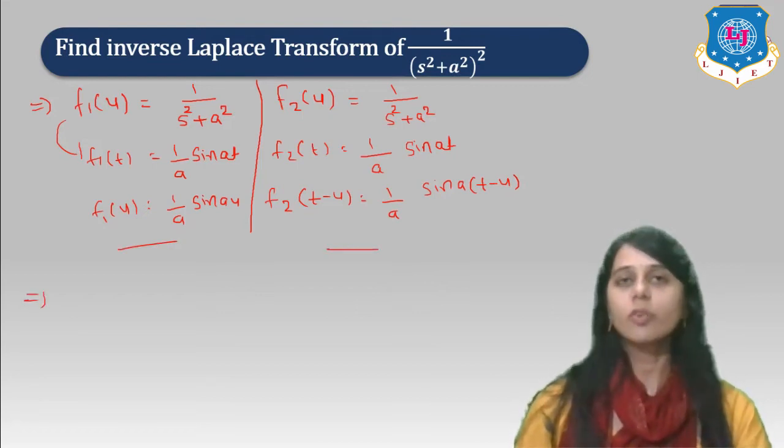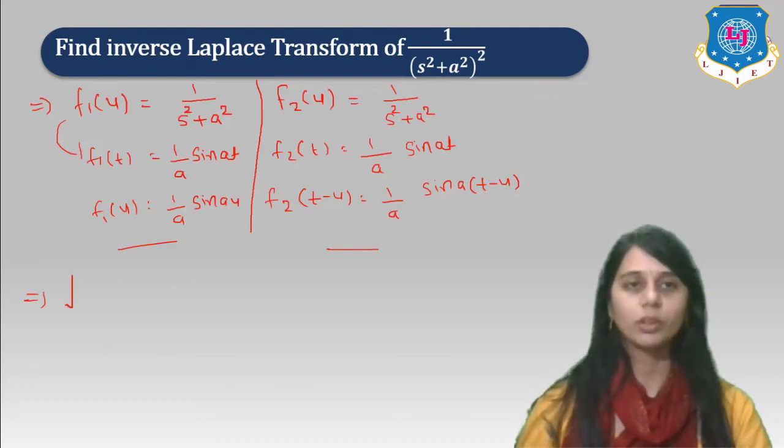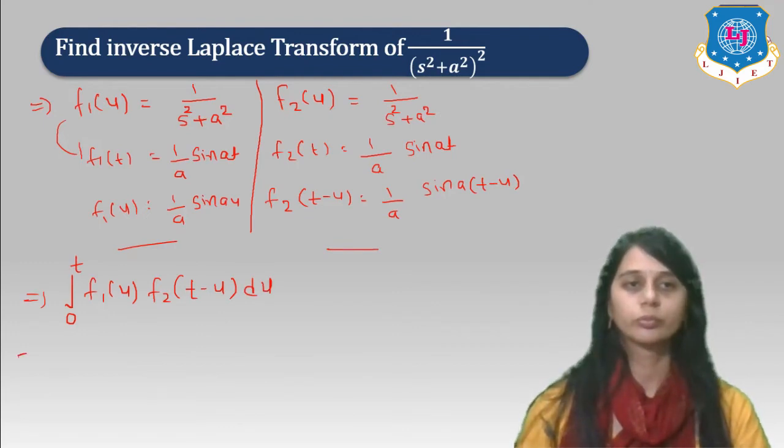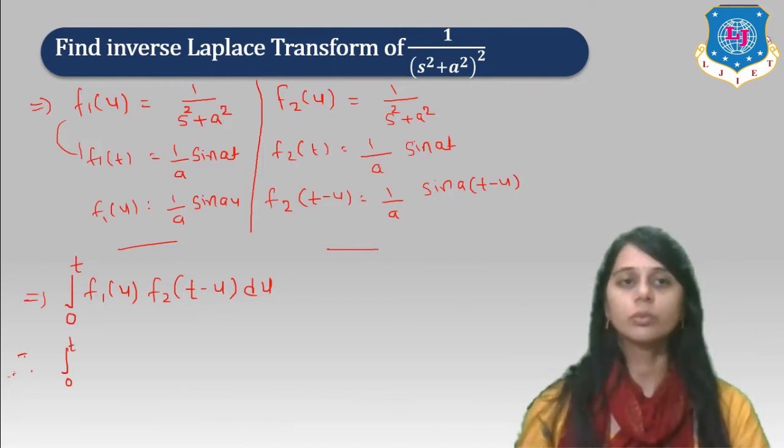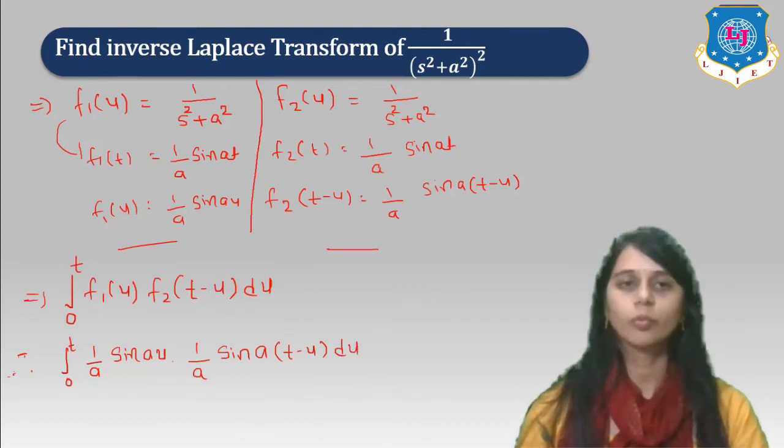Now, what is the formula? The formula is the integration from 0 to t of f1(u) f2(t minus u) du. What is f1(u)? 1 upon a sin au, into 1 upon a sin a(t minus u) du.